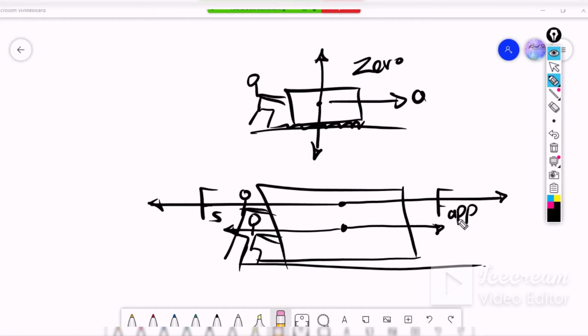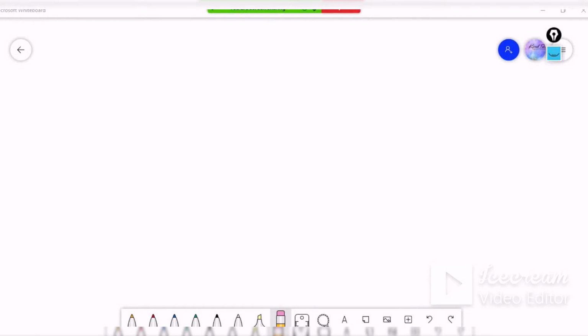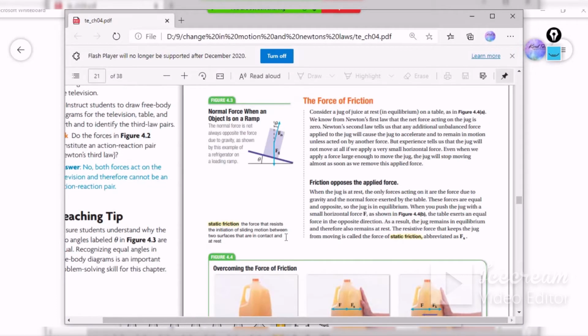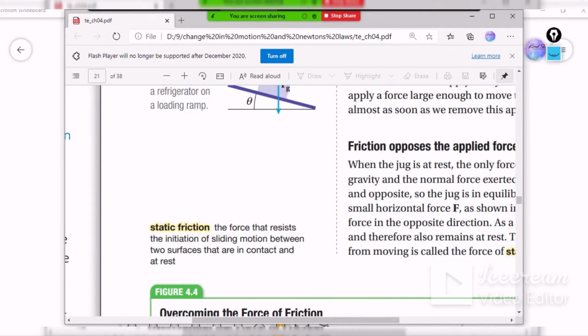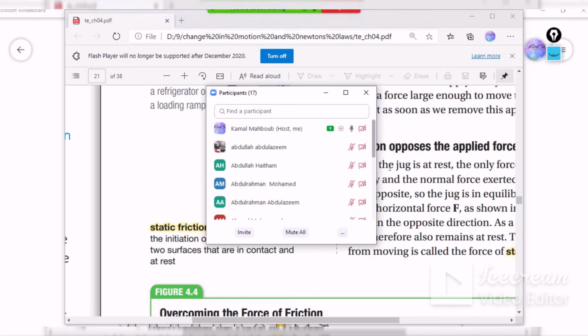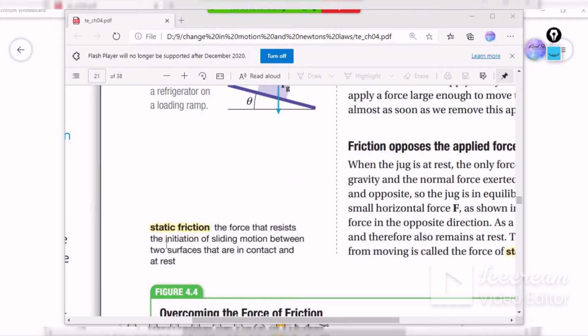Okay, now let's read the definition of static friction to understand more about friction. I want some of you, please guys, to read the definition of this. Abdullah, Abdulazim. Initiation of sliding motion between two surfaces that are in contact. And look over, guys, be more concentrated on this point.